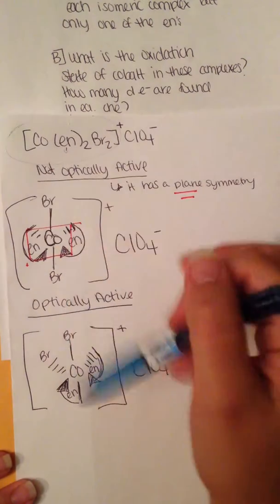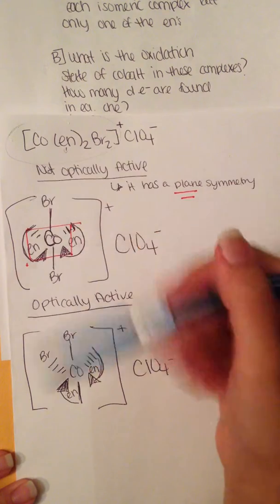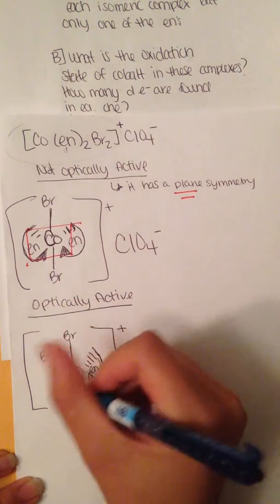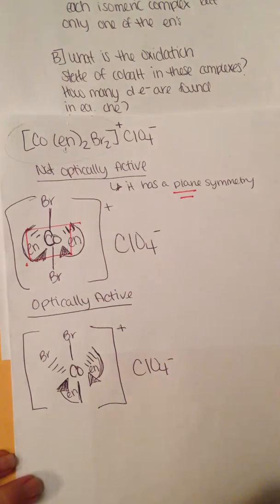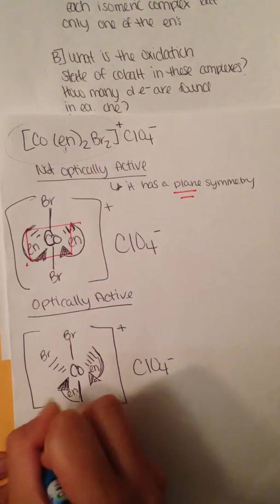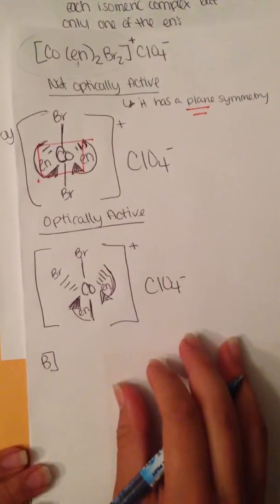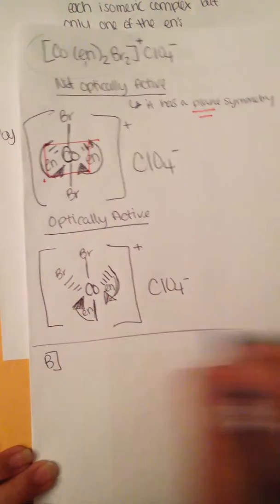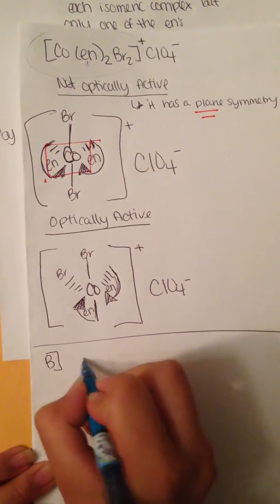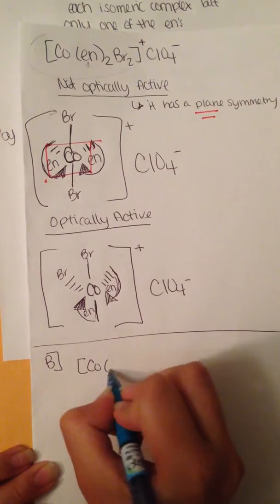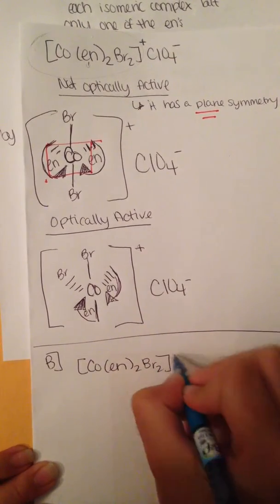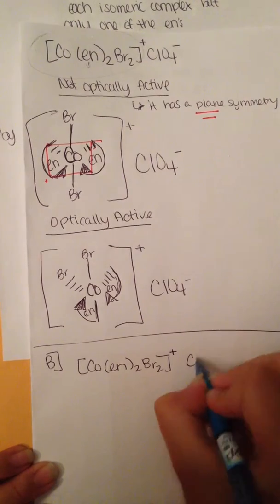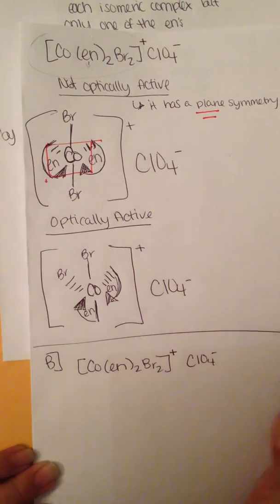So these two have the same amount of ligands, meaning it's going to have the same oxidation state for cobalt on both. So part B. It's Co(en)2Br2, positive, ClO4, negative.